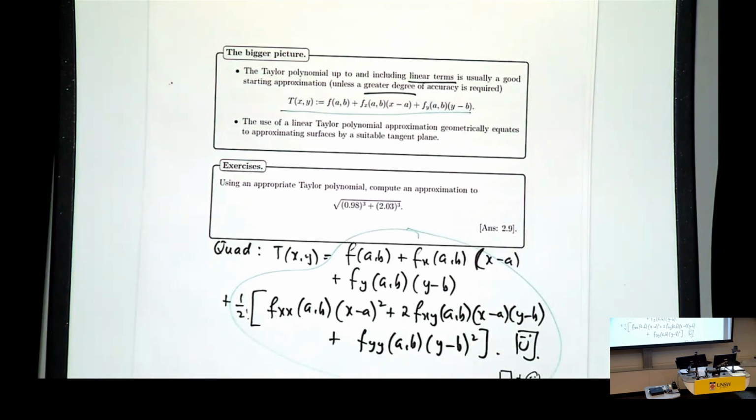Well, sometimes you can choose what you want to use, but most of the time the question will say something. It'll say, use a linear approximation for this. That's the tangent plane up the top. Sometimes the question will say, use a Taylor approximation up to and including quadratic terms. That's the bottom bit. Okay?